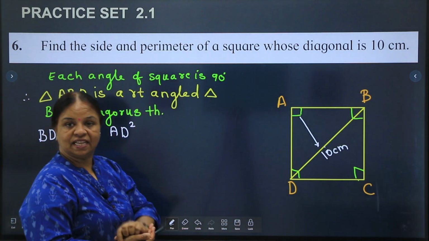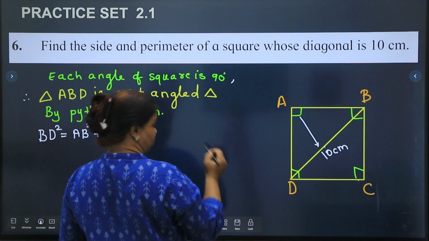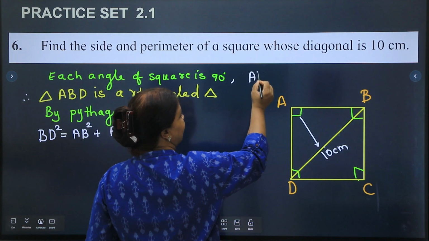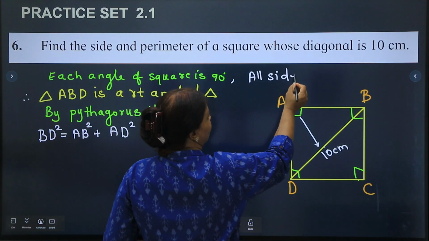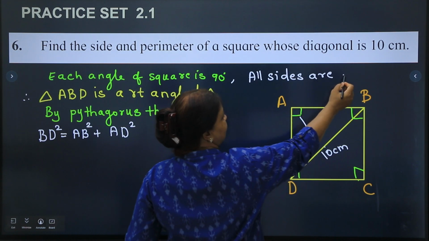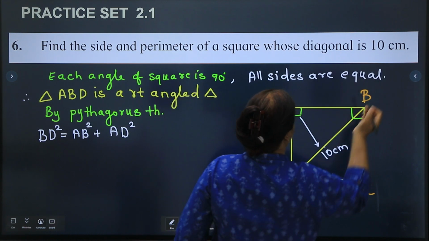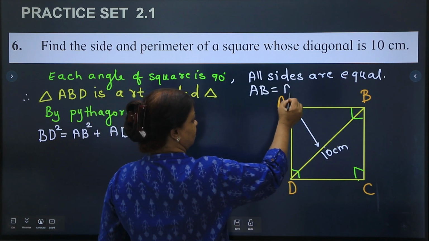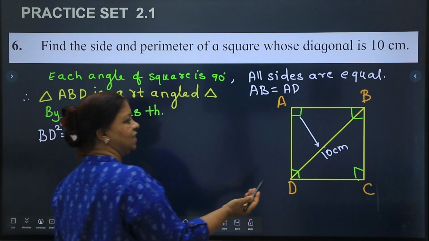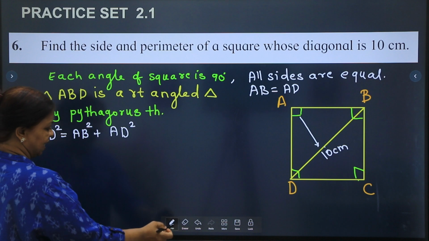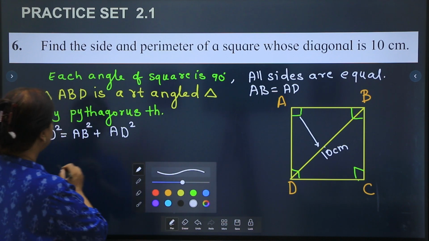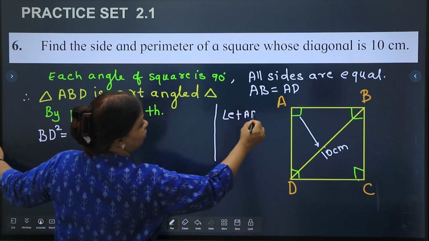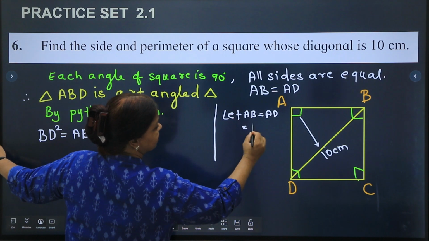Each angle of a square is 90 degree, and there is one more peculiar property of square. All sides are equal. If all sides are equal, that means AB is equal to AD. So we can say, let AB equal to AD be X.